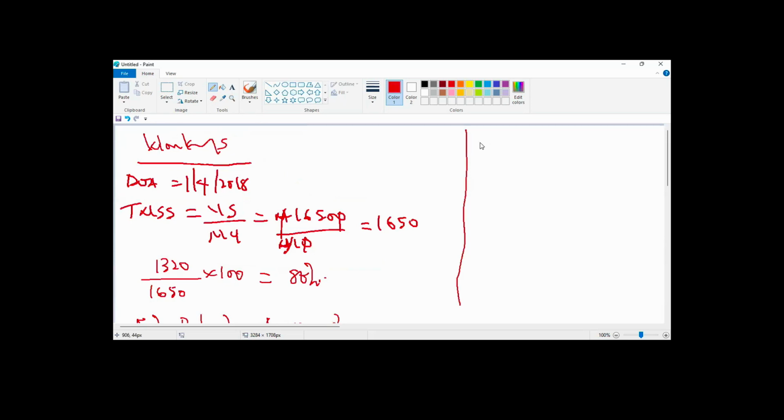What is the total sales? 700. What is the unsold in transit? 700. What is the markup? 16.1%.